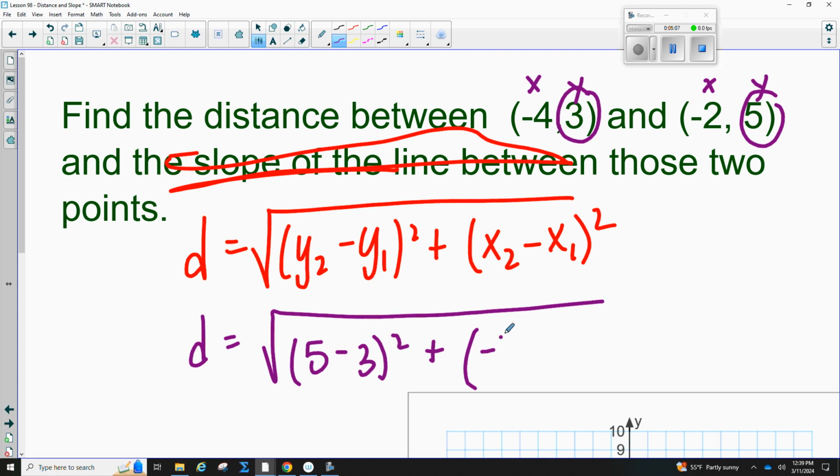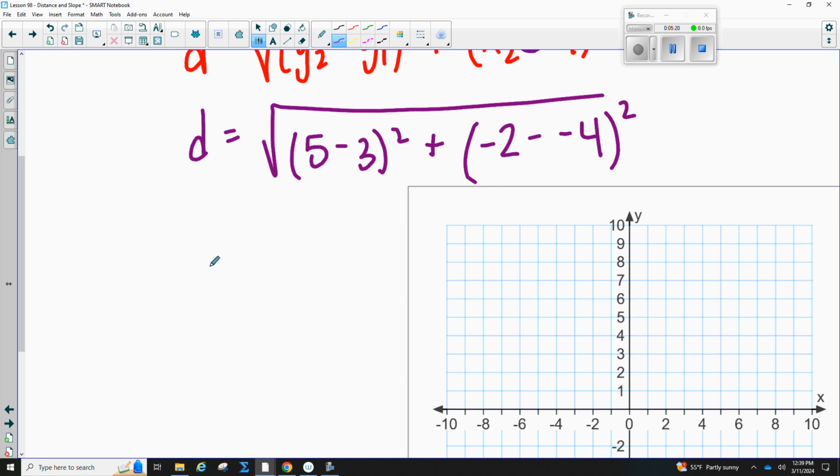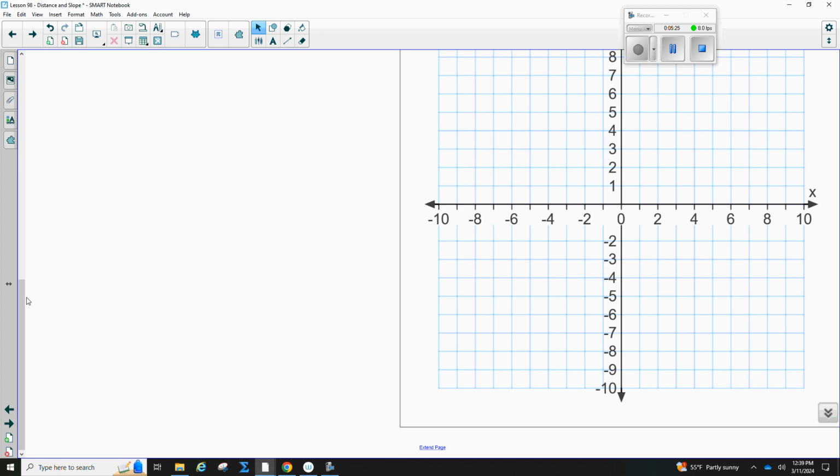Okay, and then you guys, there's a minus in the formula, and we're subtracting a negative 4. Yes, so that will become positive. All right, so now I have distance equals 5 minus 3 is 2.